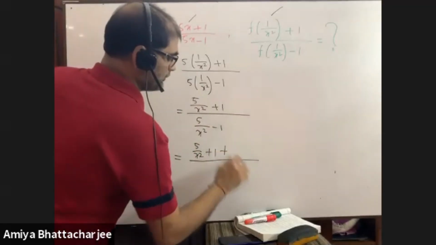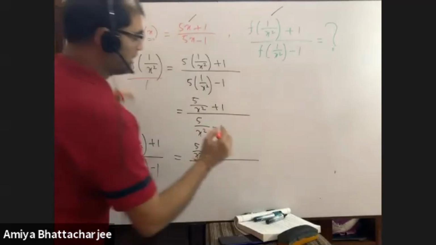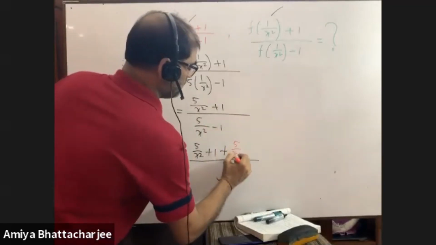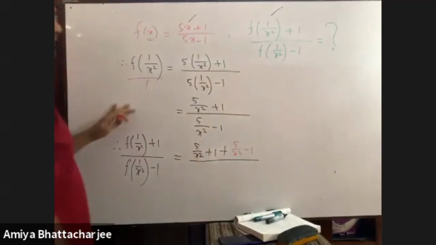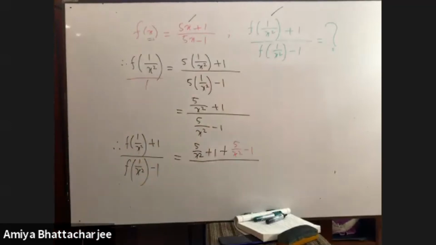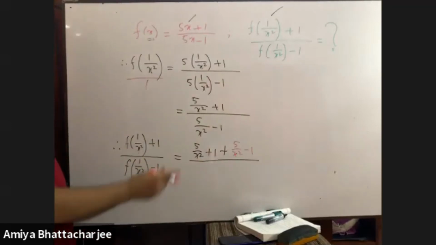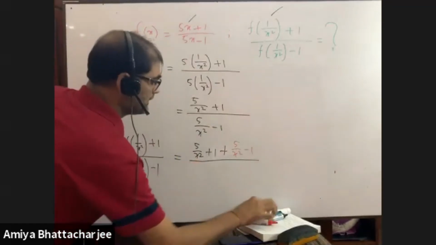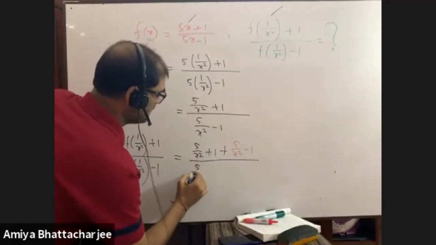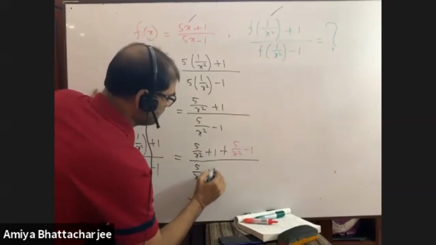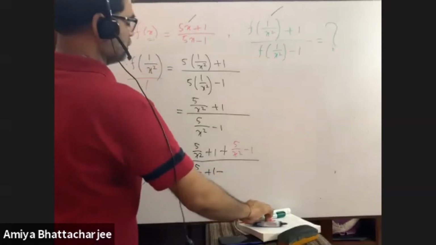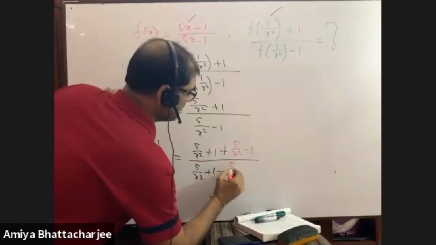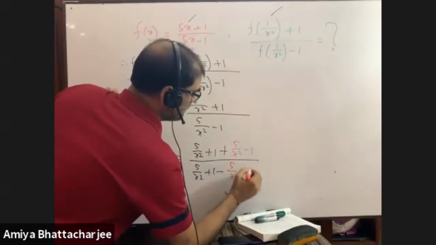What is the dividendo? 5 by x square minus 1. Numerator plus denominator. Now again we write down the numerator minus the denominator. This is the denominator.